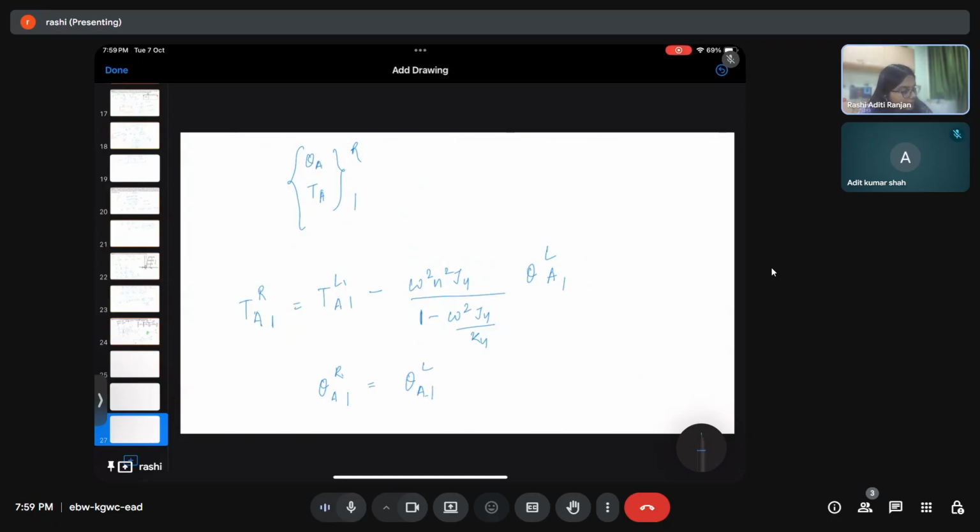So this can be written as nothing but a matrix into theta A, TA of 1, but on the left hand side, as 1 0, 1 and minus omega square n square J4 by 1 minus omega square J4 by K4.